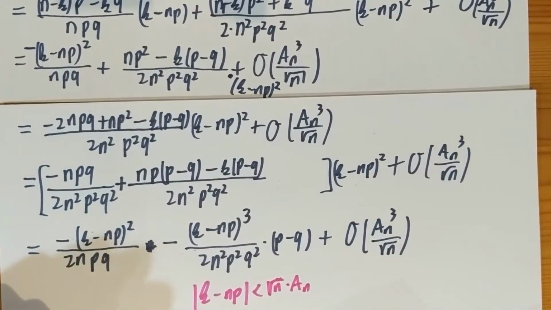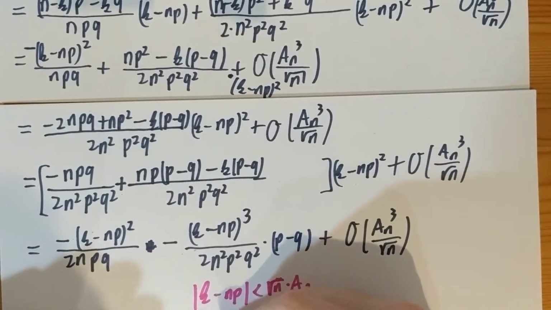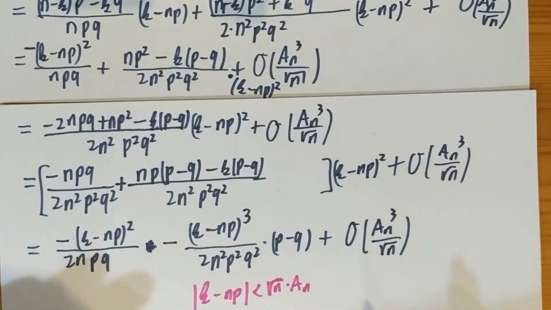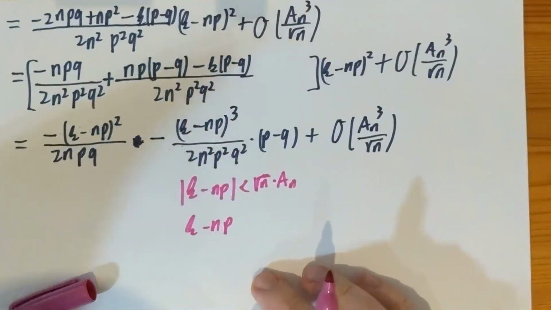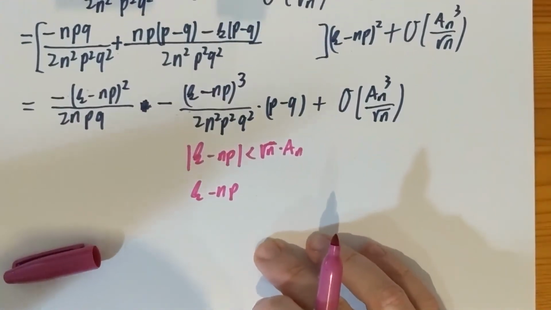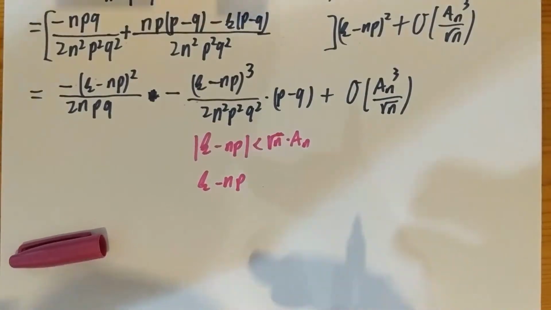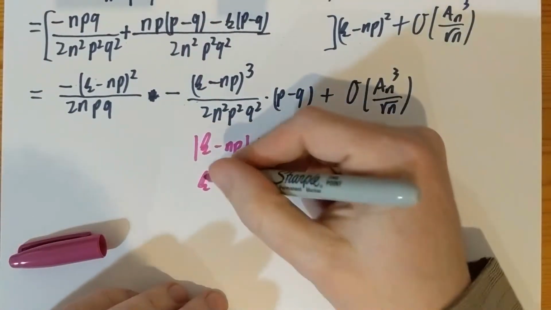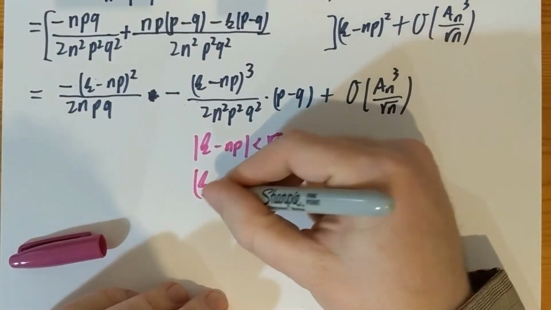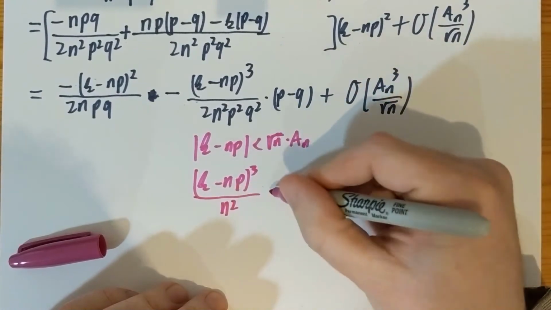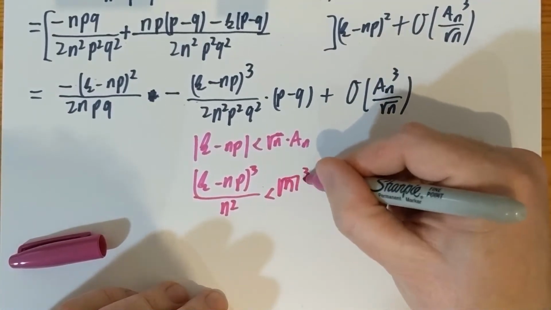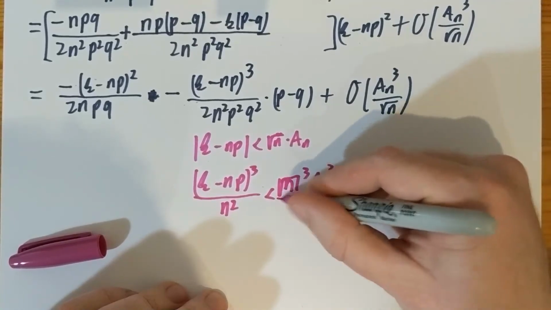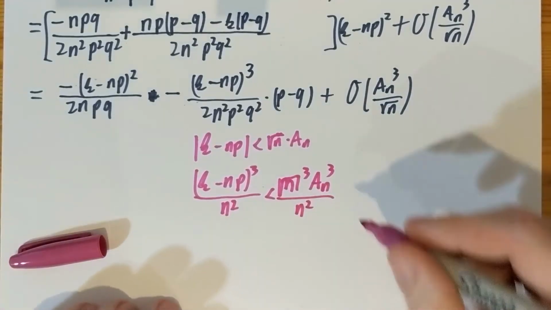So if I now take the cube of that, k minus np cube divided by n square is smaller than n root n cube an cube over n square in mod.